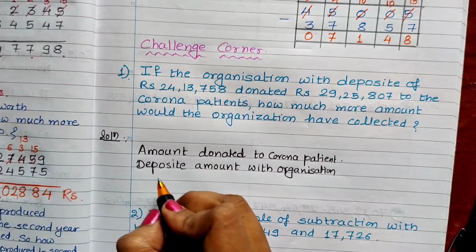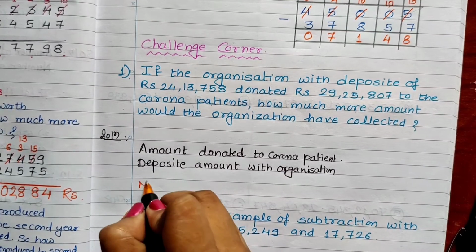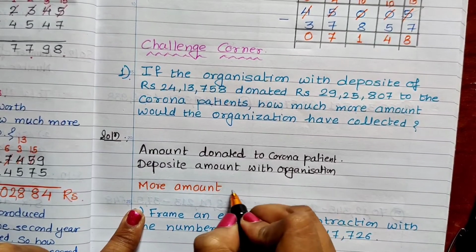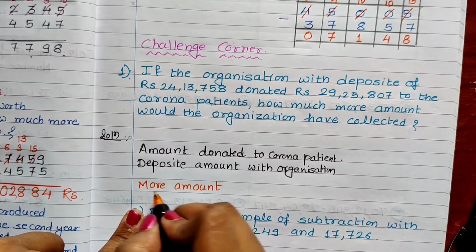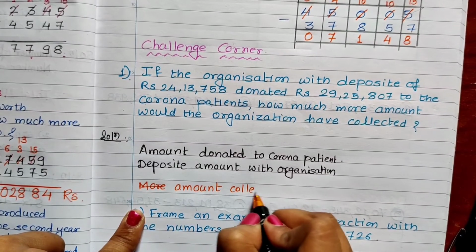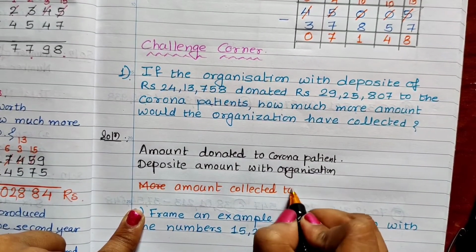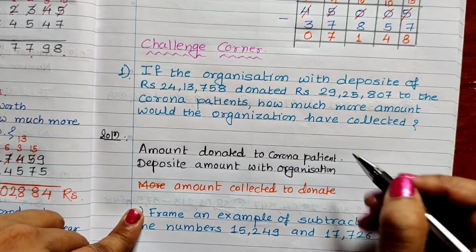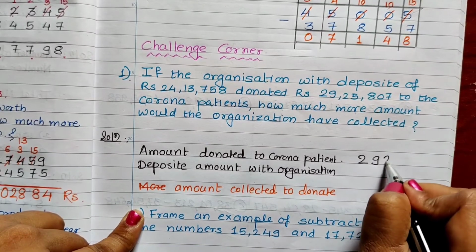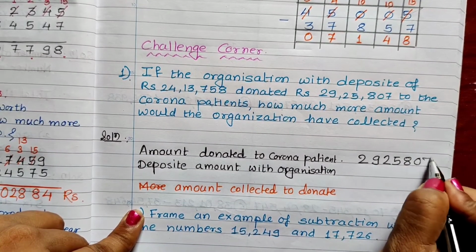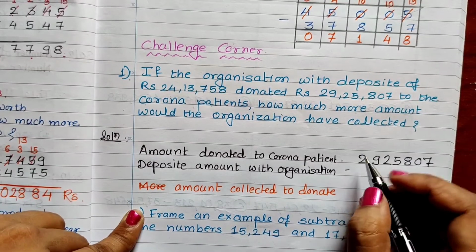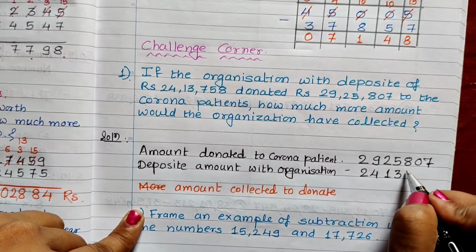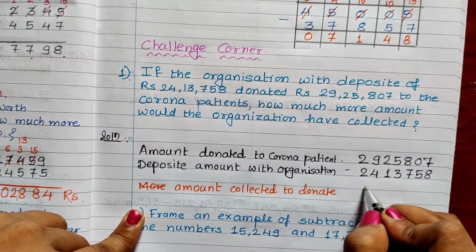So what we should write, more amount, or we can write only amount collected to donate. Okay, so now write: amount donated to corona patient is 29,25,807. Amount deposited with the organization is 24,13,758. Now do the subtraction.